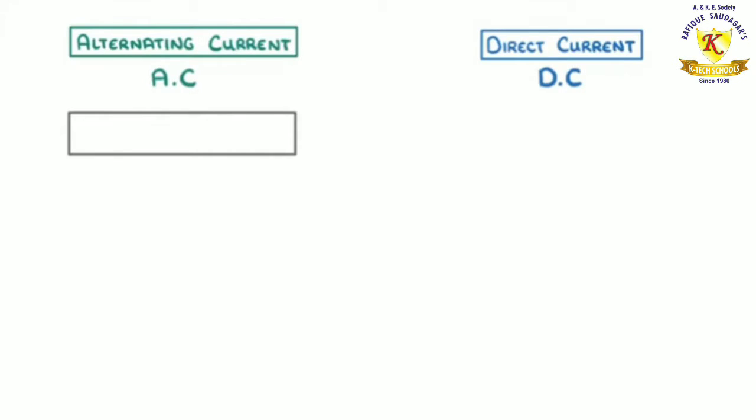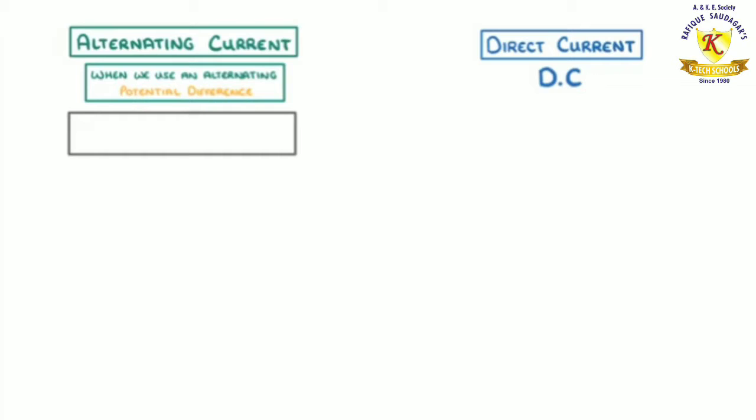In an alternating current, the direction of the current is constantly swapping back and forth. So, the charge flows in one direction, then in the other direction, and then back again.